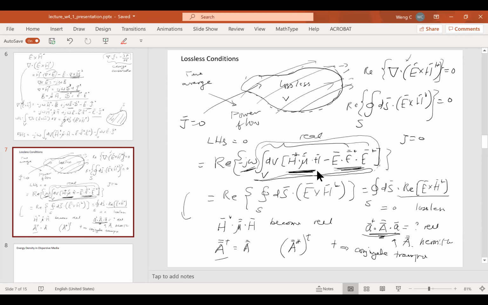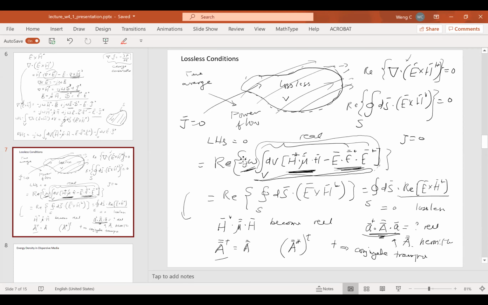Otherwise, you could ask what happens if these two terms cancel each other? Then it gives you zero. You can still have a real quantity without mu being Hermitian. But we're taking the case where H and E are arbitrary. So the only way for this to always be real is for mu and epsilon to be Hermitian.